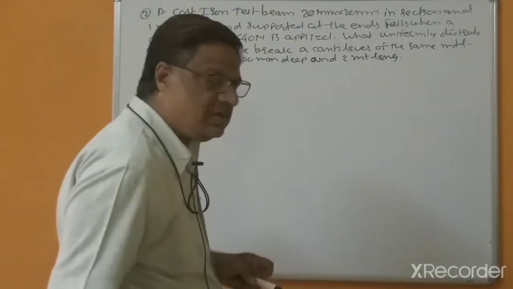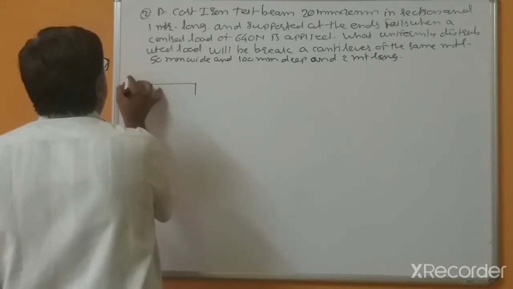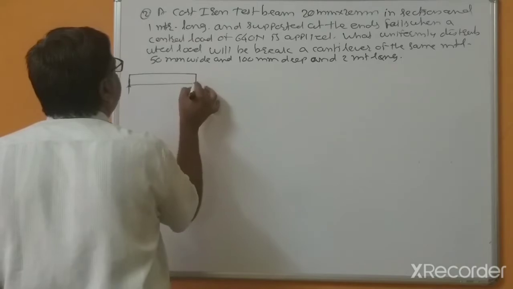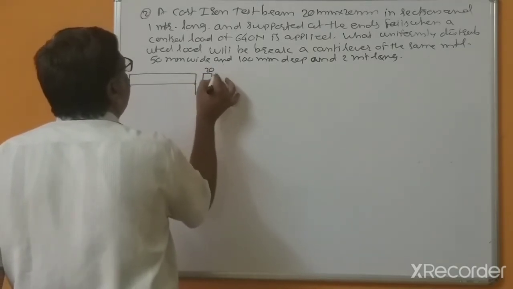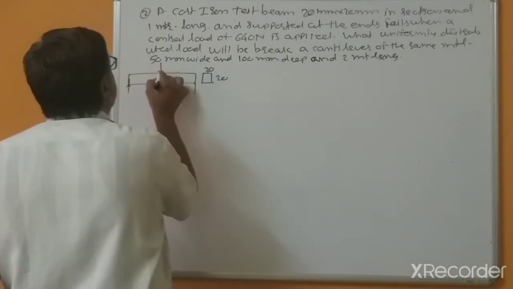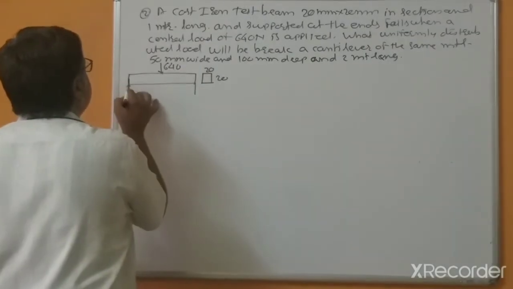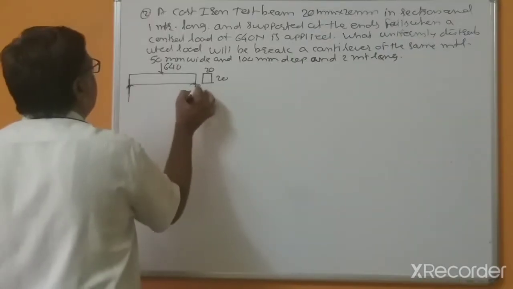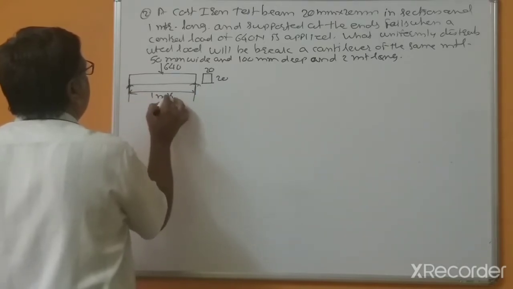This is for the simply supported beam, and this size is 20 by 20. Load at the center is 640 Newton, and distance 1 meter.